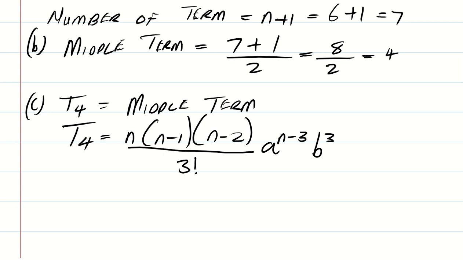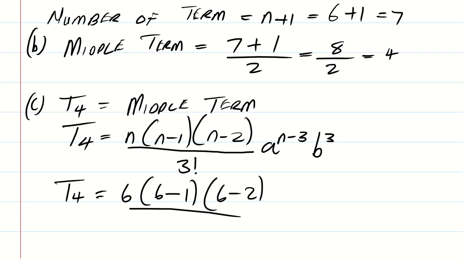This is the standard formula for finding term 4. So term 4 will be equal to, we know that n is equal to 6, so 6 times (6 - 1) times (6 - 2), divided by 3 factorial. The 3 factorial simply means you'll have 3 times 2 times 1. That's what that 3 factorial means.